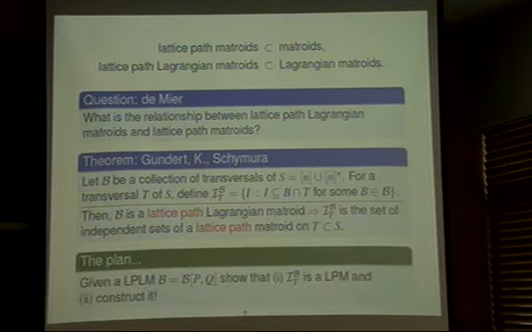And the plan is to roughly sketch out two ways to prove this. One a bit more existential, and then one that's more algorithmic. And both give us some insight on some more things we would like to do with this. So what are we going to try to do now, right? We're going to start with a collection of bases of a lattice path Lagrangian matroid.